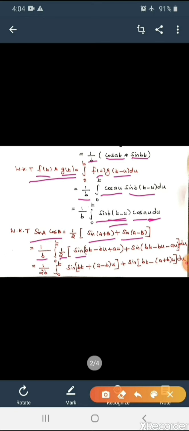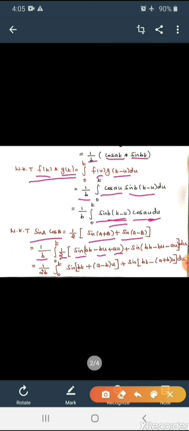That is equal to, we can take that 1 by 2 outside. So we get 1 by b into 2 will be 1 by 2b integral 0 to t sin of bt. You can group minus bu term and au term. If you take u outside, remaining will be (a minus b) into u, plus sin of bt minus u, you take minus u outside, remaining will be (a plus b) du.